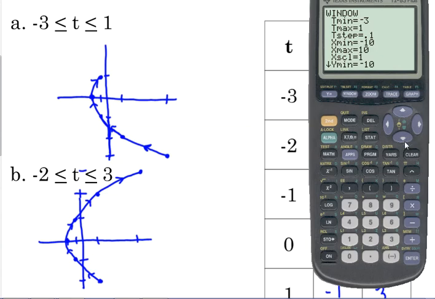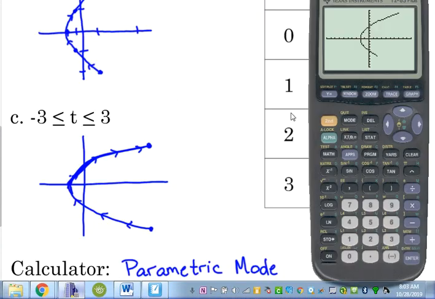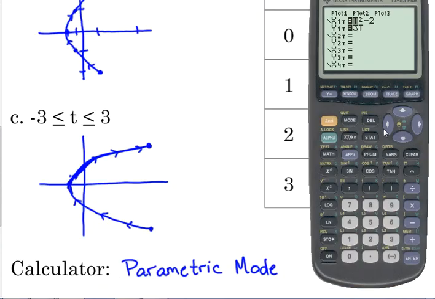We can very easily change this from -2 to +3, and we can see that matches our second graph. And then -3 to +3 as well to match our final graph.